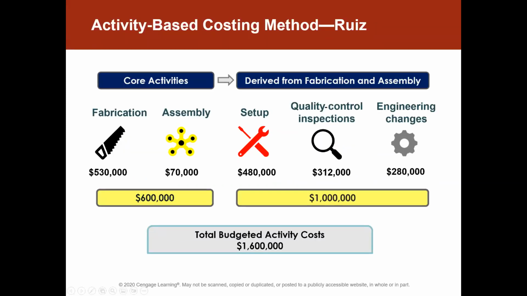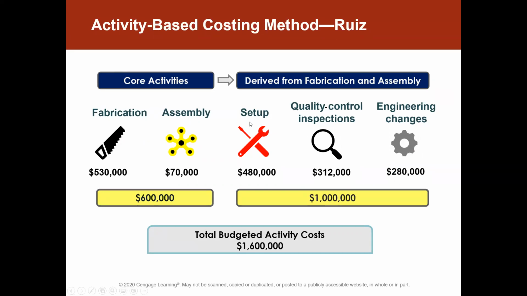So you can see just a quick example here that we've identified some core activities. We have two departments, if you will, fabrication and assembly. And then derived from that, we have a few activities: setup, quality control inspections, and engineering changes.